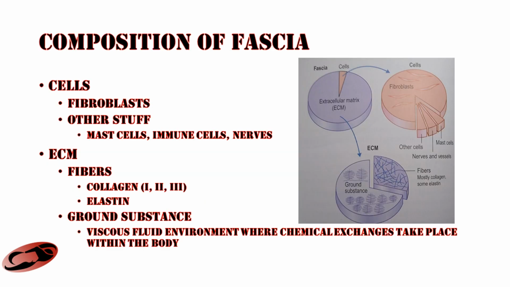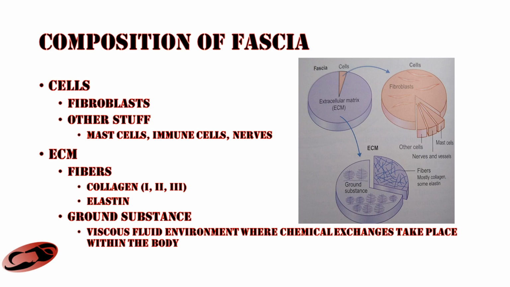The composition of fascia can be split up into two parts: cells and the extracellular matrix, or ECM. The cells mostly consist of fibroblasts, which pretty much serve the role of maintaining the collagen network in the fascia.